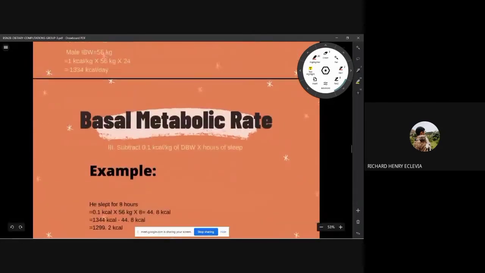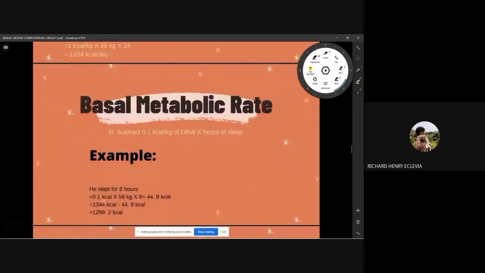Then next is step 3, subtract 0.1 kcal per kilogram of desired body weight times hours of sleep. So ito daw, isusubtract mo yung answer nito. So yung example natin kanina si Justin pa rin, dagdagan lang natin ng information.